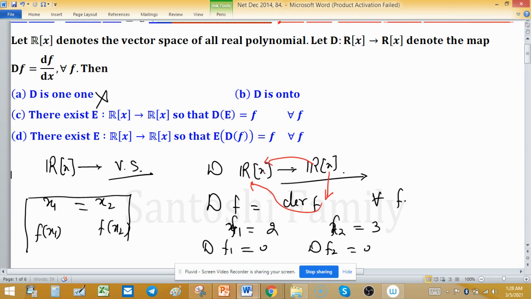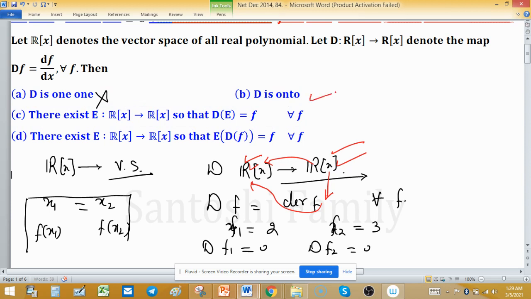Whatever types of polynomials this R[x] has, the codomain R[x] also has. So the pre-image of all points of the codomain is available in the domain.